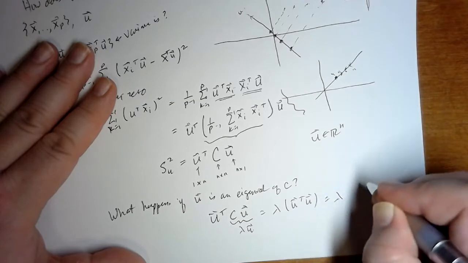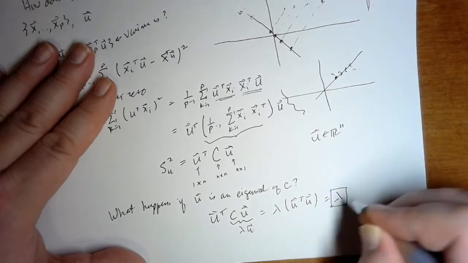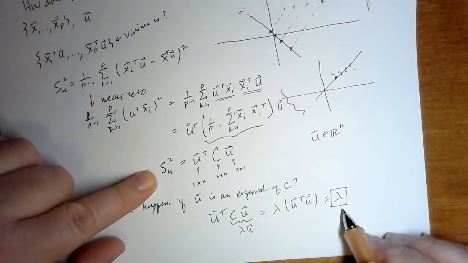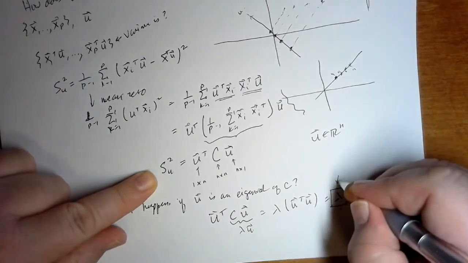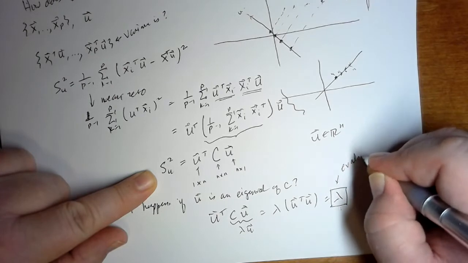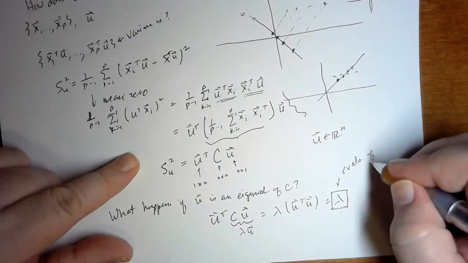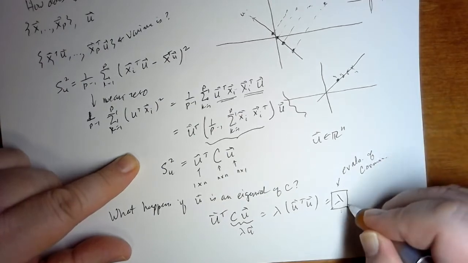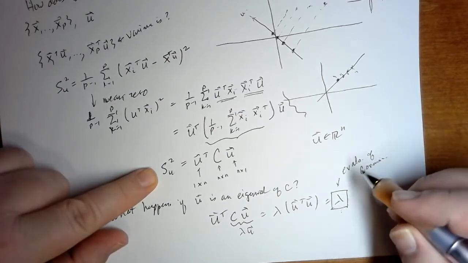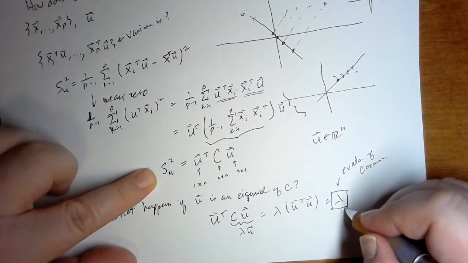That's equal to 1. And so in that case, the variance is equal to lambda. So the eigenvalues of the covariance matrix tell you what the variance is in the direction of the eigenvectors.